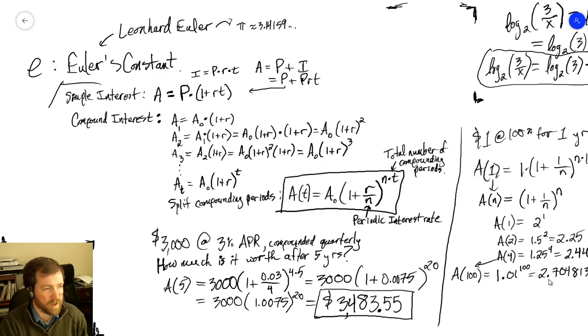Again, in terms of money, this is all you're going to care about: we get $2.70 back at the end of 1 year with 100 compounding periods, compared to just getting $2 for our $1 at 100% interest with one compounding period, or simple interest.